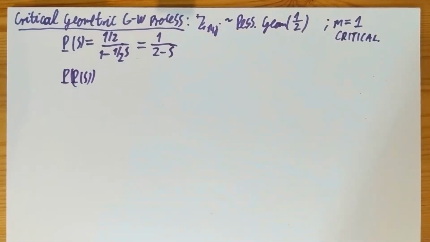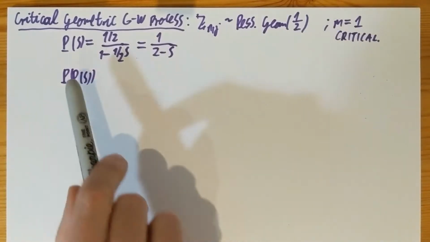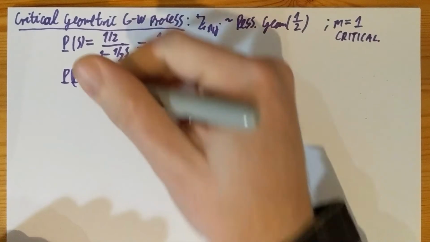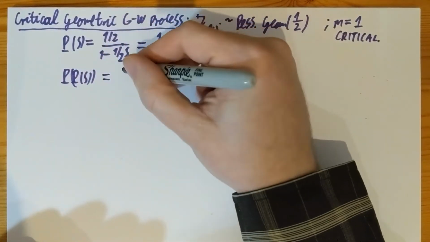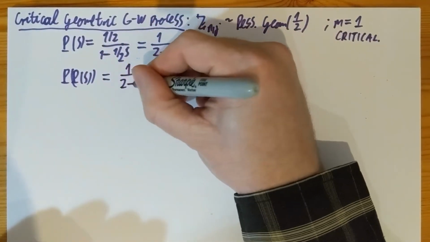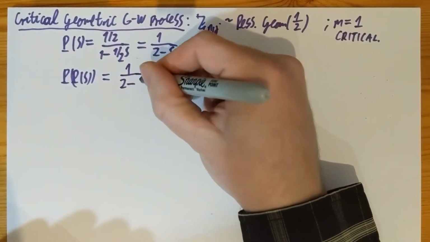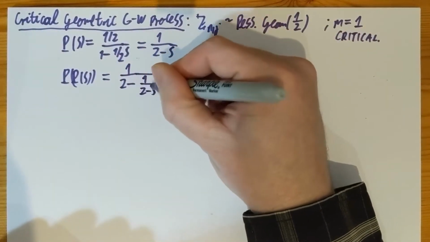Also, this is the generating function of the number of individuals at time 1. This P of P of S, the twofold composition of P, is going to be the generating function of the number of individuals at time 2, and that is going to be 1 over 2 minus S, but instead of S I have to take this function again.